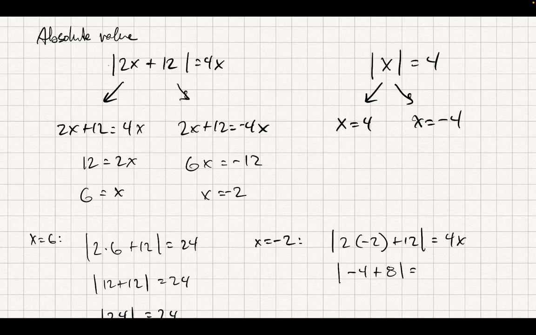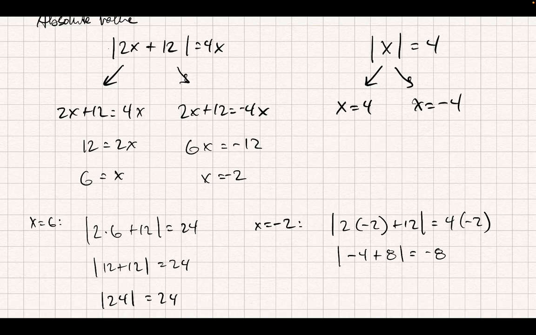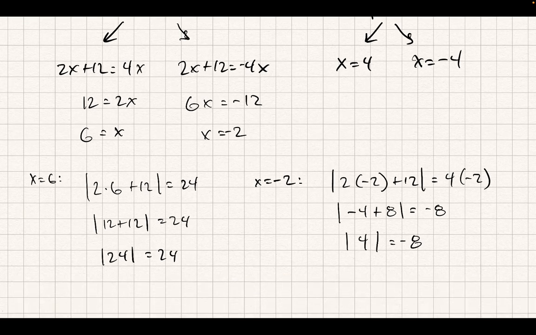That's 4 times negative 2. It's negative 8, I'm pretty sure. Where did the 12 go? Negative 4 plus 12 should be 8, and 4 times negative 2 is negative 8.